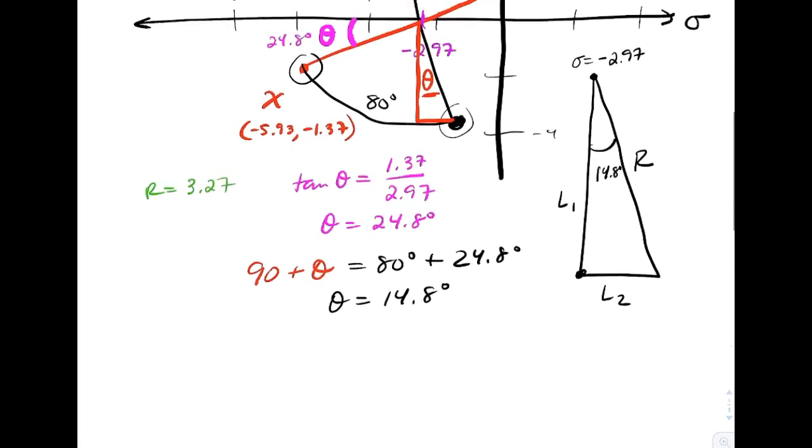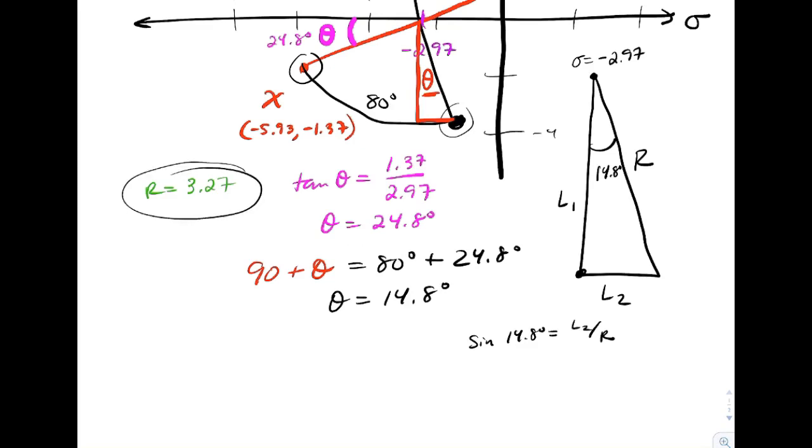We'll be able to do that using sines and cosines. So the sine of 14.8 degrees is equal to L2 over R, and we've got R from our previous calculation. So doing the math, L2 is equal to 0.835. We'd also be able to find that L1 is equal to 3.16. So I'm just going to write those on here. That's equal to 0.835, and that's equal to 3.16.